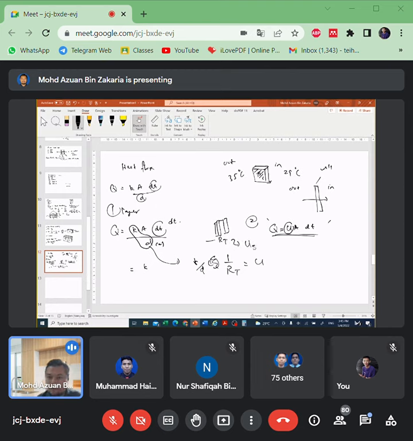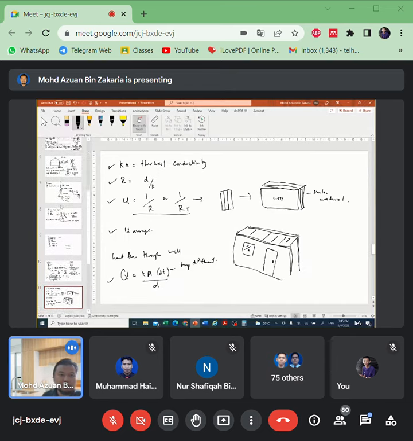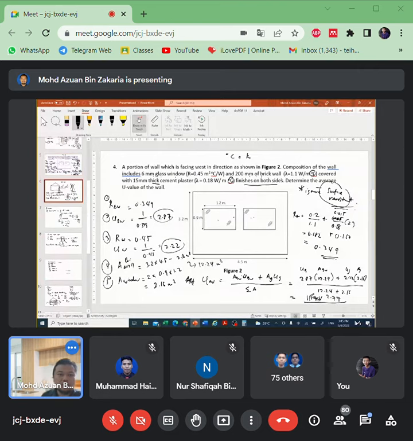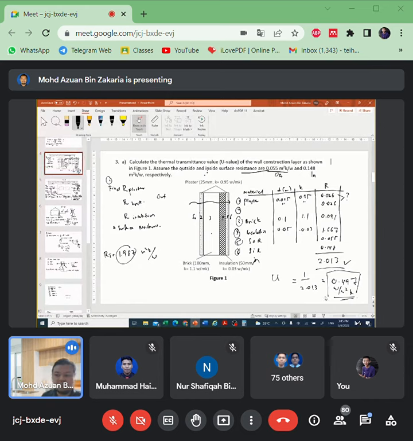Then we can calculate Q by using Q equals U A dT. If you already calculated the U value, for example U average, or U with layers here, you can use it directly in the equation.